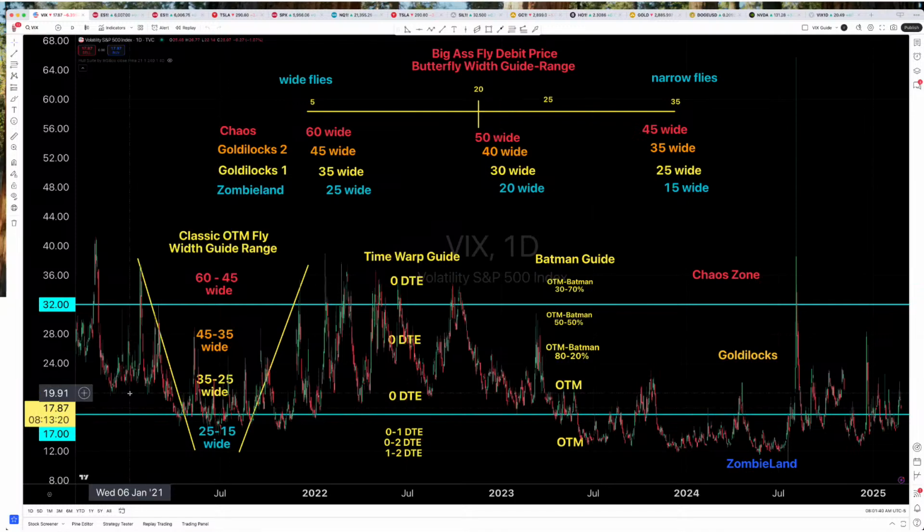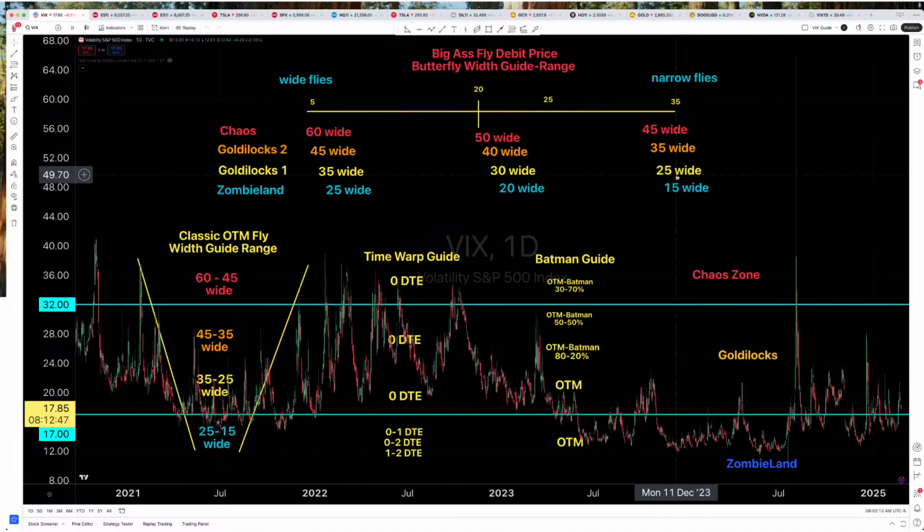But the reason why I act that way is that when we go into zombie land, just the way it sounds, it's not the best trading environment, but we've been having really good luck so far this week. So I'm confident that we're going to get some more volatility injected into this market. In any event, we're still above the blue line here and into Goldilocks 1. So we are still in the Goldilocks zone. That is something to be thankful for.